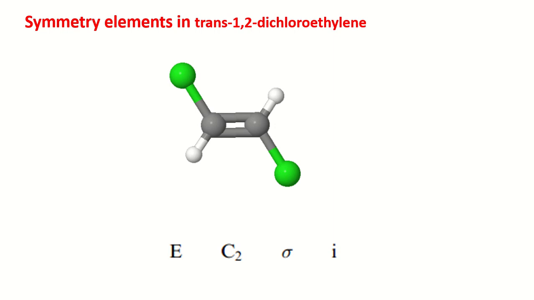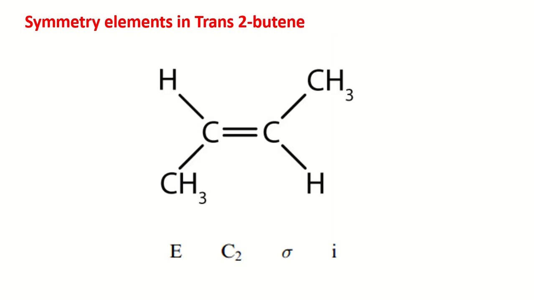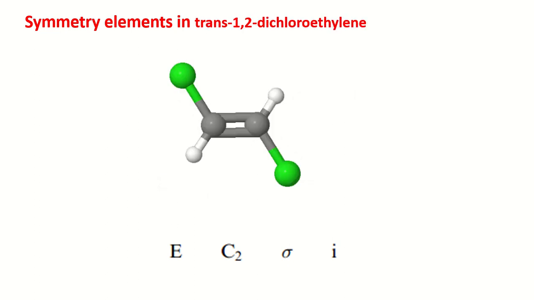These are the four symmetry elements present in this molecule. If you look closely, you can observe that these are also present in trans-2-butene. So both have similar symmetry operations.